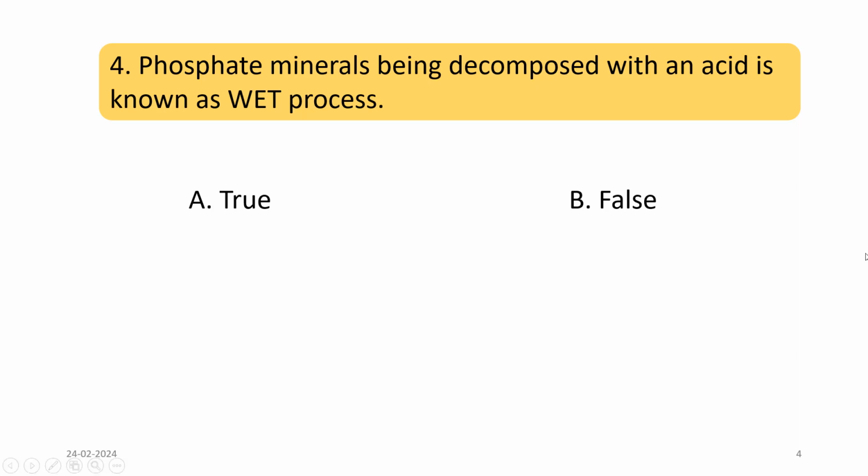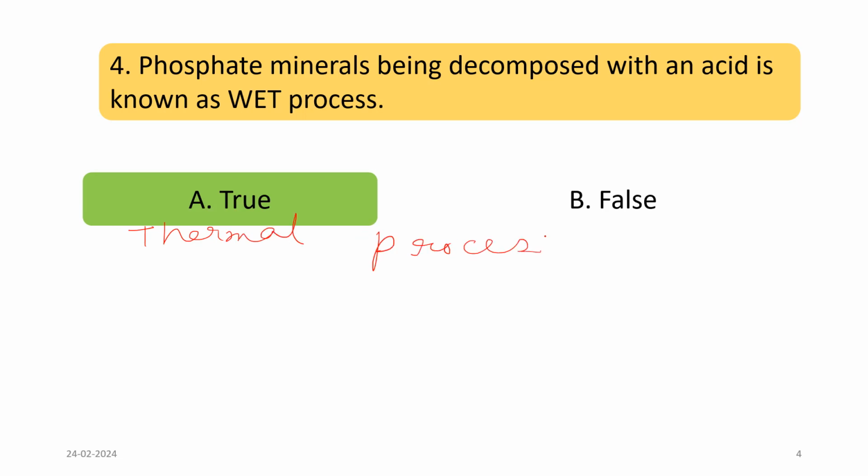So here the answer is true, because phosphoric acid production has two steps. One is the thermal process and the second one is the wet process.